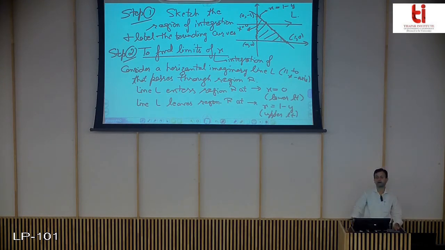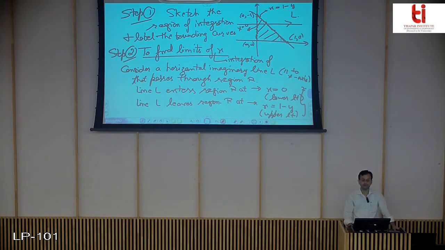So here again we did the same thing: we checked where the imaginary horizontal line enters the region, the equation of that boundary in terms of x, and where it leaves the region, and the expression of x for that boundary. So here we get the limits of integration of x.